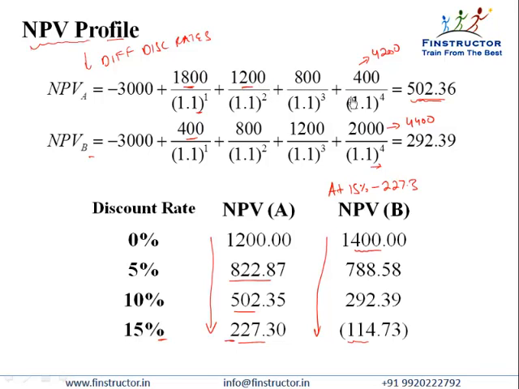Now as the discount rate moves up, as it goes from 5 to 10 to 15, please note that the major brunt of this high denominator will be borne by cash flows further out, because the cash flow coming at the end of t equal to 4 will get discounted back by 1 plus r to the power 4.